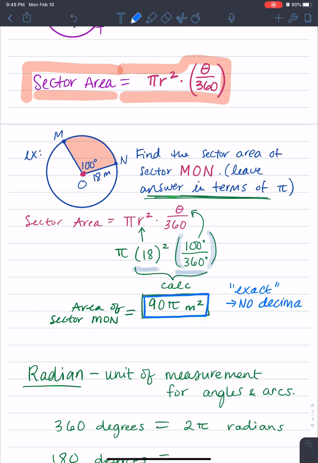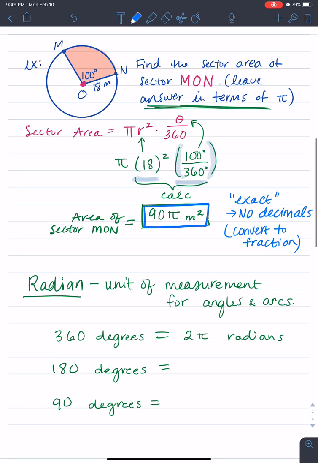Now this one worked out really nicely. We got 90, which is an integer, but let's say you had gotten something like 10.3 repeating. You want to always make sure you convert to a fraction. Okay? We'll do some other examples later. You guys are going to do your homework a little bit later too.